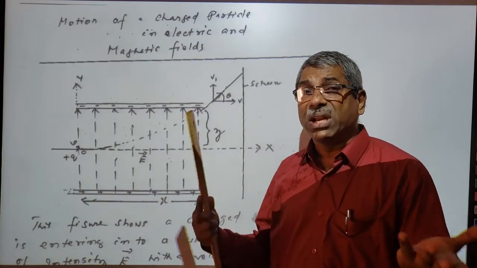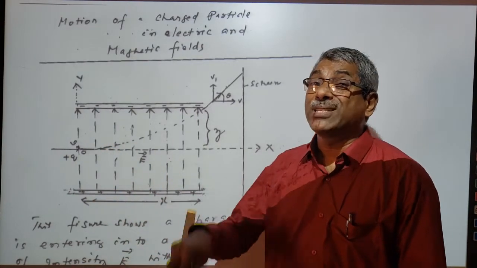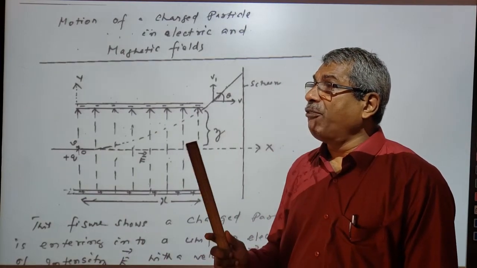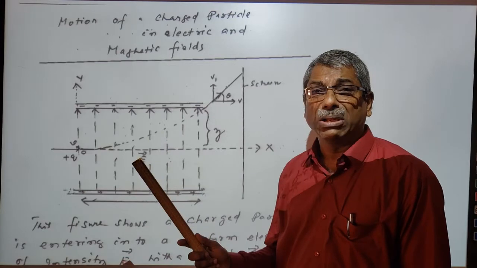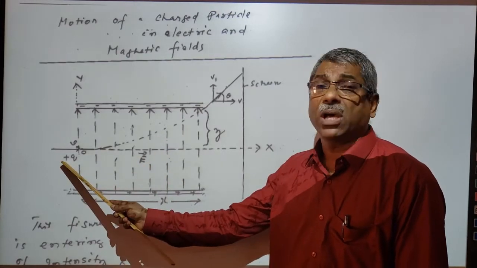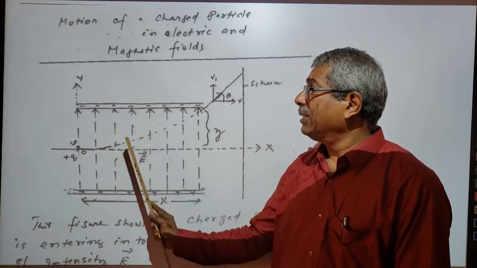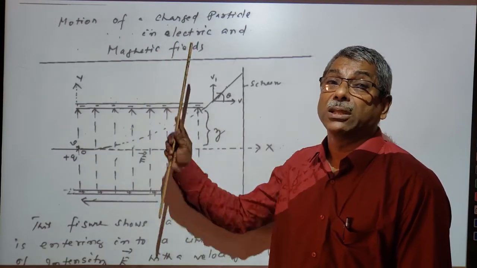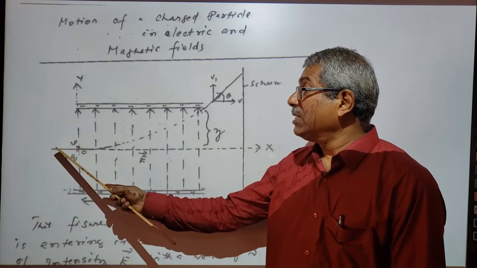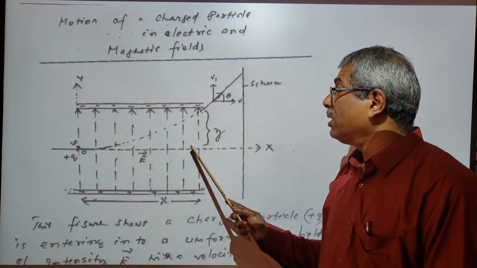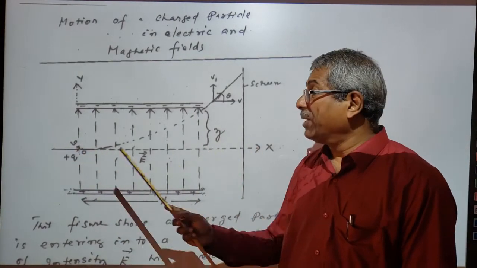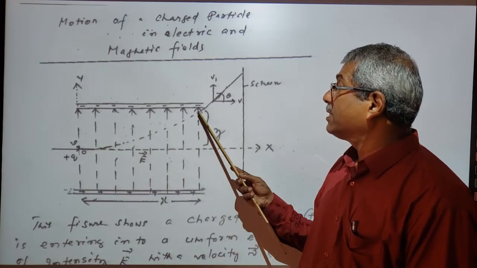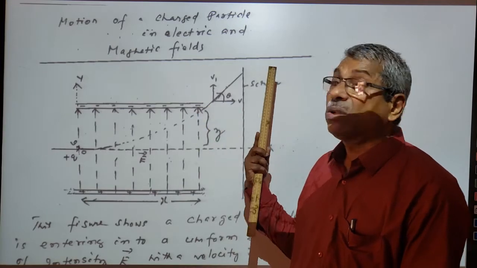As it enters the electric field, due to the force acting on it, F is equal to Q into E. For a positive charge plus Q, an upward force is acting, due to which the charged particle cannot remain in the horizontal direction, but moves in a path other than horizontal like this, and goes out of the field.